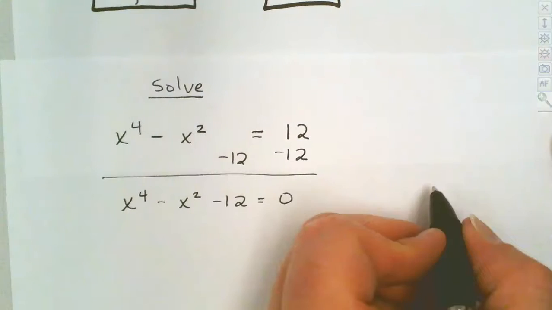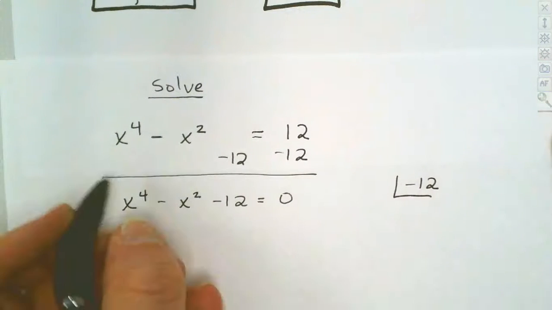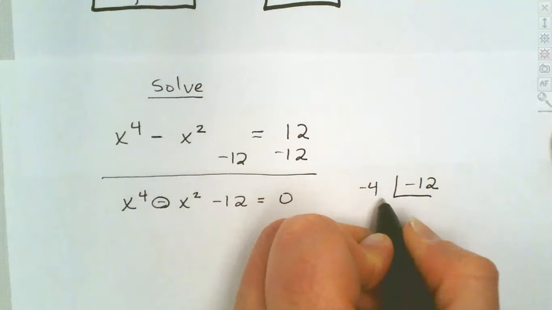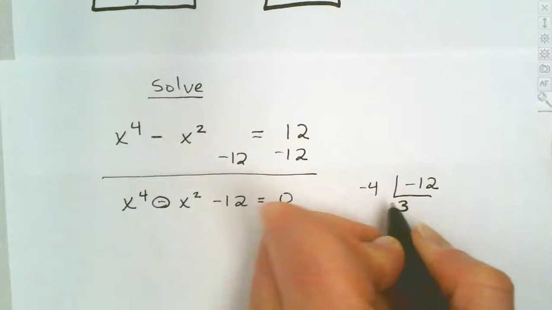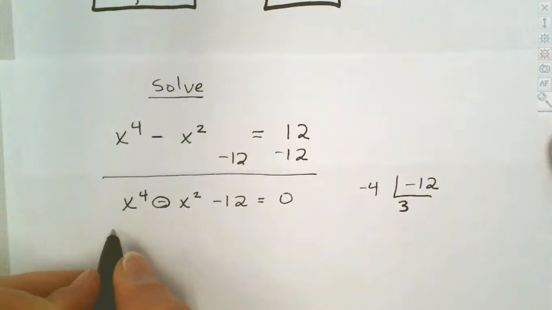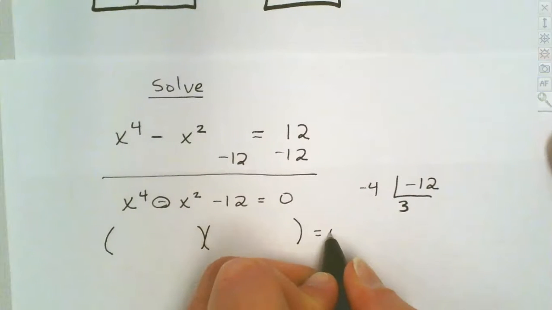First times the last is a negative 12. They always factor out nicely. The middle part is negative. So how about we use a minus 4 and a 3? Because those will work, won't they? Pretty easy to factor there. Now, when we factor it down, instead of it just being an x, what do we come down to? x squared.